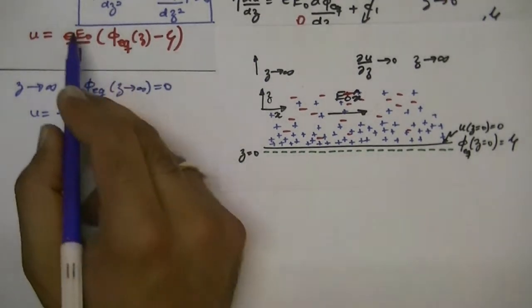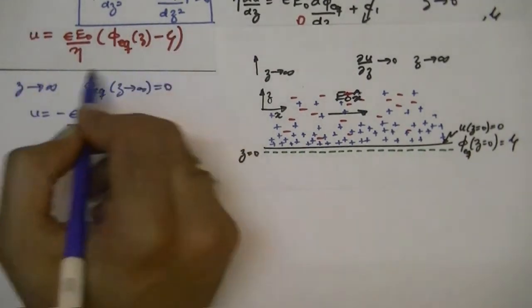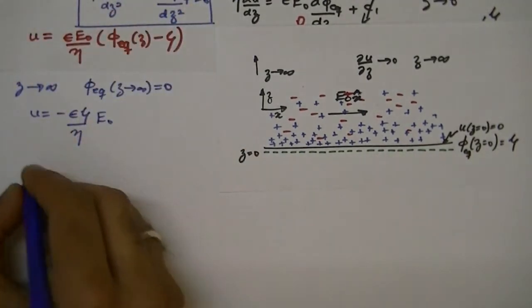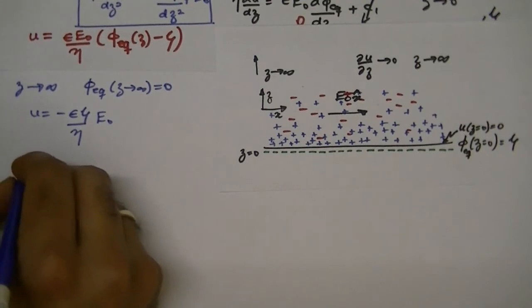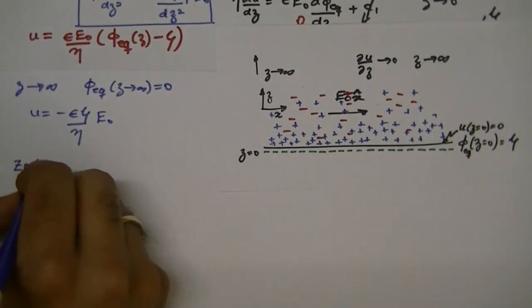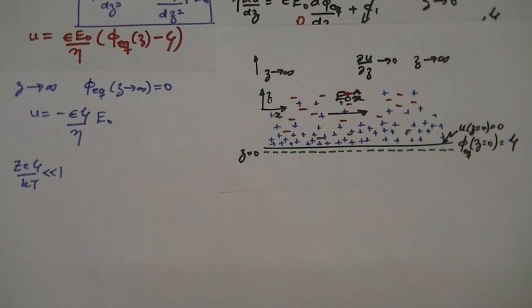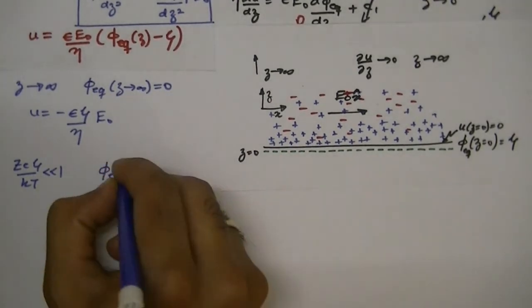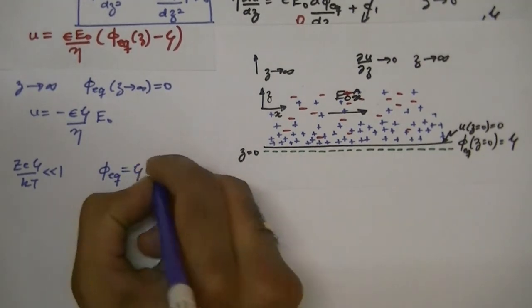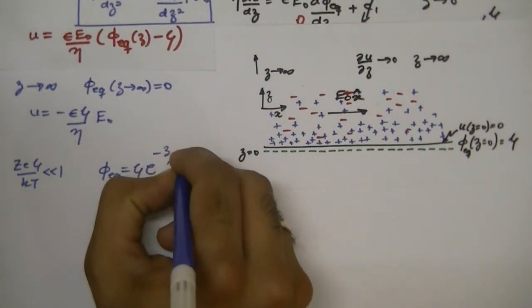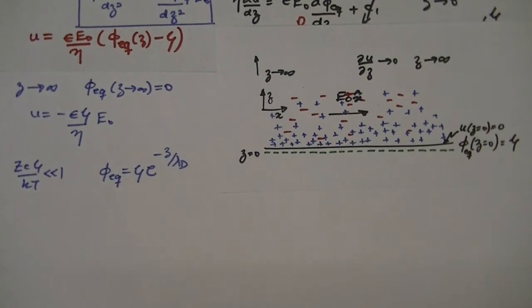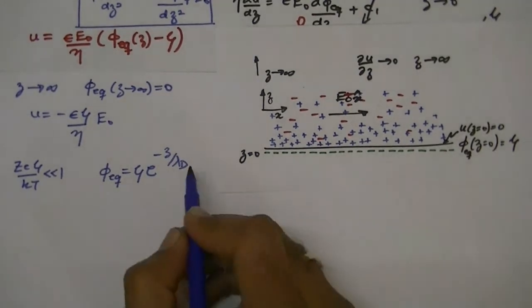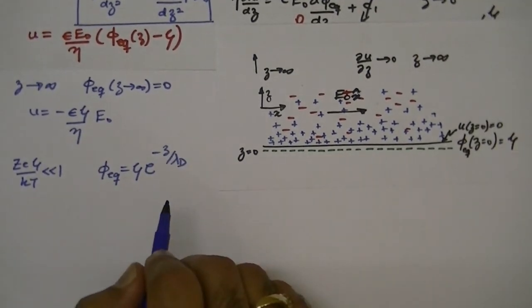But just to plot this expression for the velocity profile, we'll now make the assumption that z e zeta over kT is significantly small compared with 1, and this is the Debye-Huckel limit. In that limit, we already know that phi equilibrium is given by zeta times e to the power minus z over lambda D, where lambda D is the thickness of the electrical double layer.